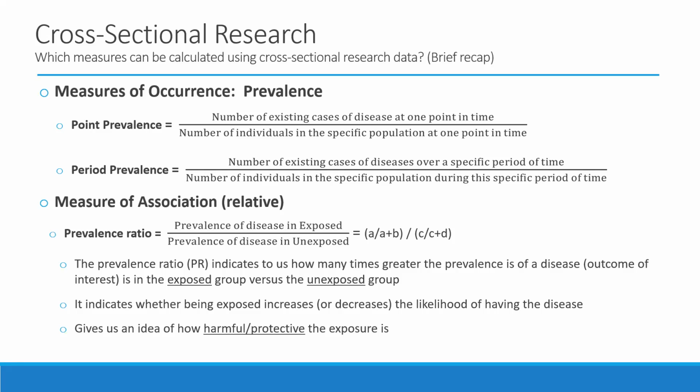The incidence is new cases. So if you wanted to know, for example, how many people were diabetic in a population, and the association between diabetes and smoking, you could use a cross-sectional design to catch enough people that are diabetic.